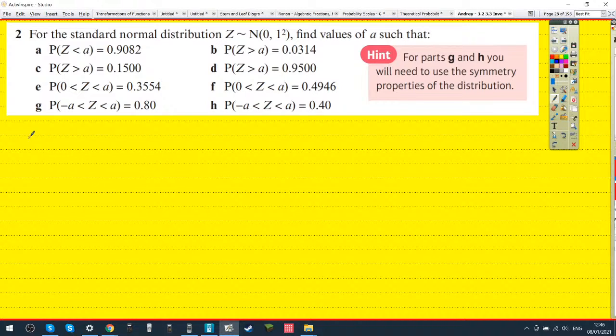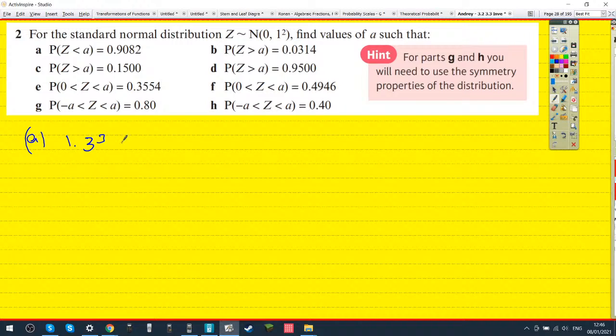Area 0.9082. Yeah. And d is 1, mu is 0. Yeah. And I got 1.33.